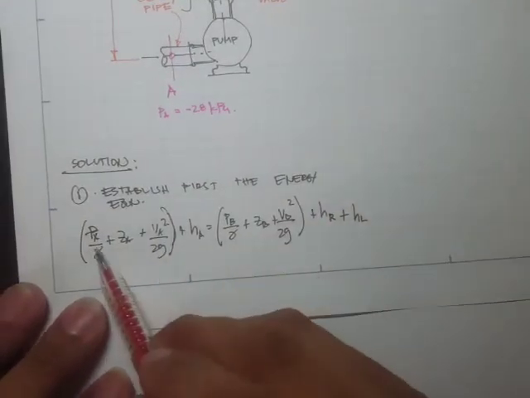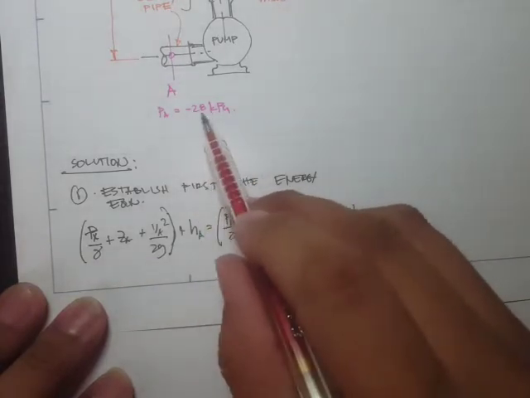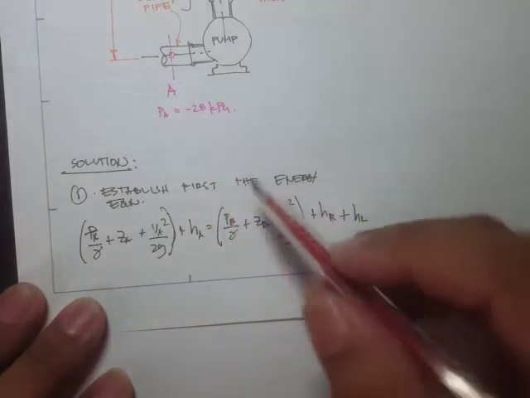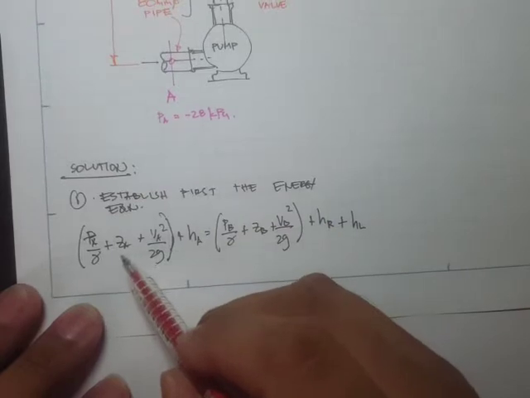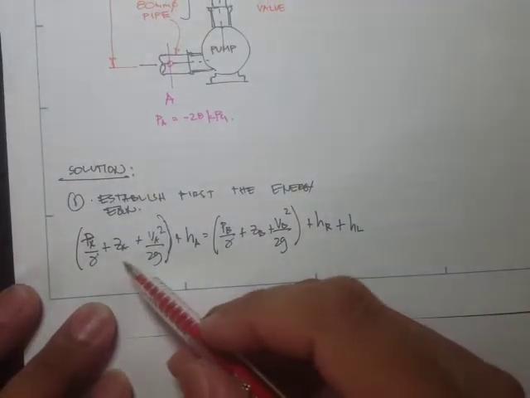For the pressure, we have a given gauge pressure of negative 28 kPa. For the elevation, that depends upon your reference line.